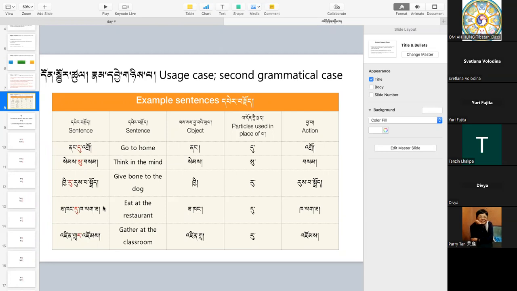Then sakantu khalasa, eat at the restaurant. The first component, the object, is sakan. So here we don't see any benefit, or any effect. We see that it is the position where the action is being done. So we're eating. The action is to eat food. But where are we doing this action?